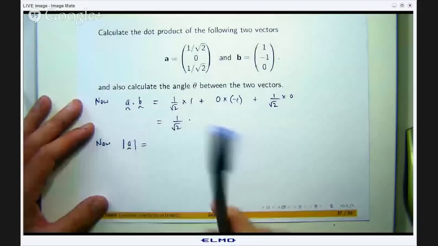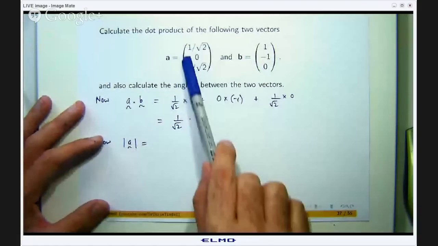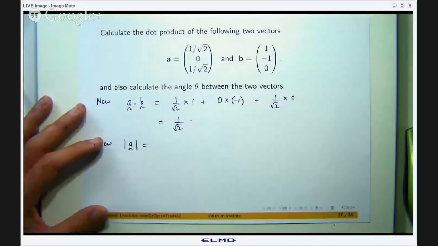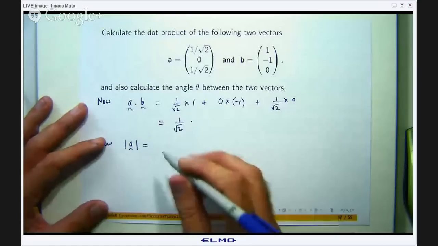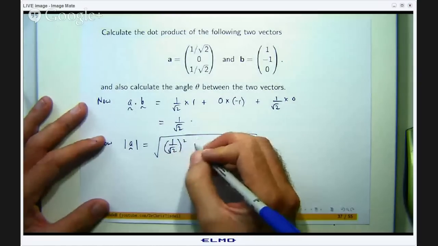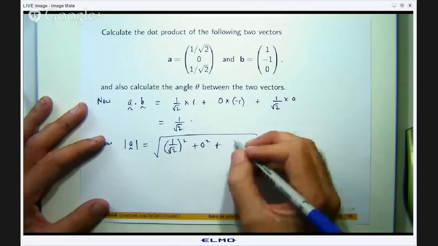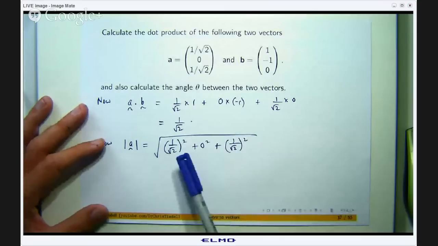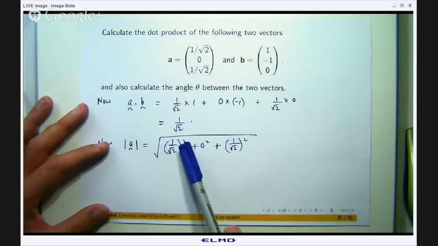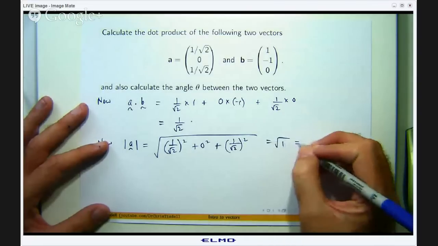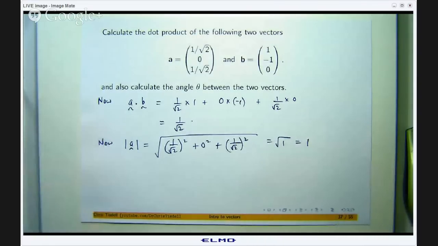So remember, to calculate the length or the magnitude of a vector, you take the components, you square them, you add them together, and then you take the square root. That's just Pythagoras' theorem at work. So here we're going to have a half plus 0 plus a half. So I'm taking the square root of 1, positive square root, which is just 1.